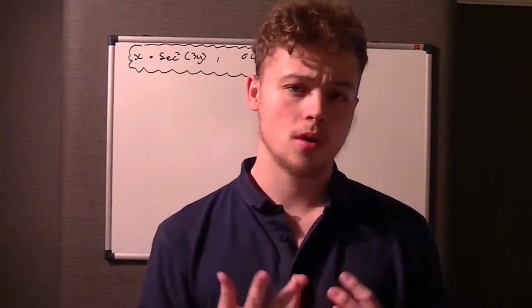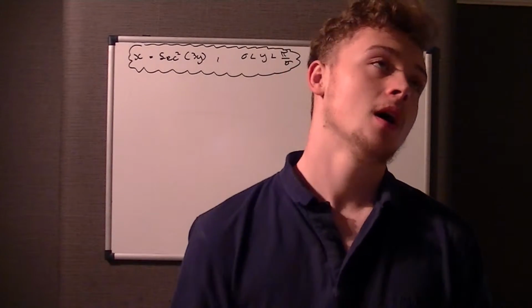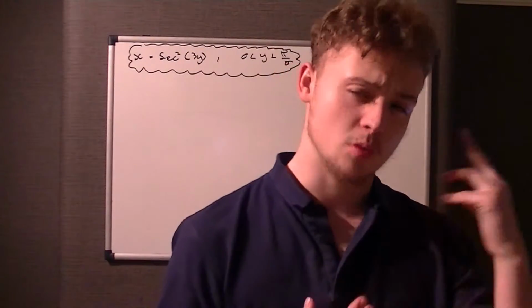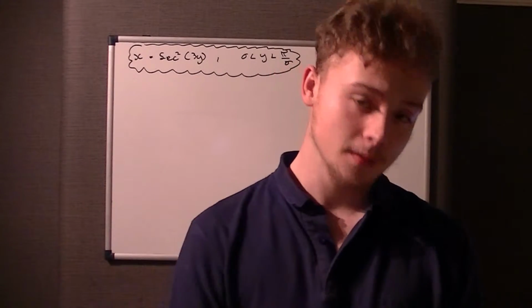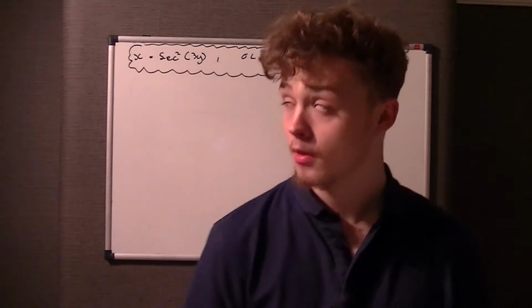But if you did that, you wouldn't be able to do anything with it. You might use the cos 2x formula and rearrange, but that wouldn't help you a great deal.